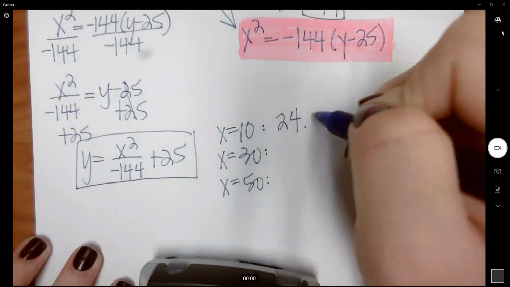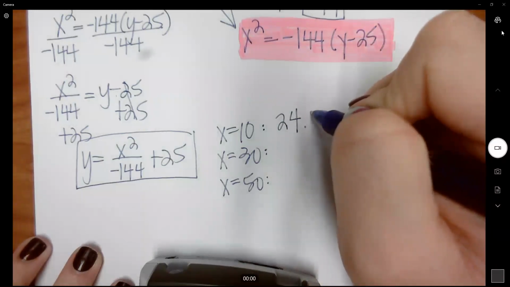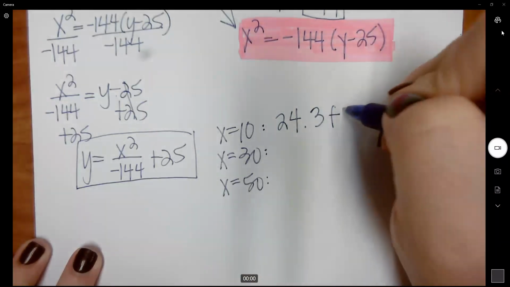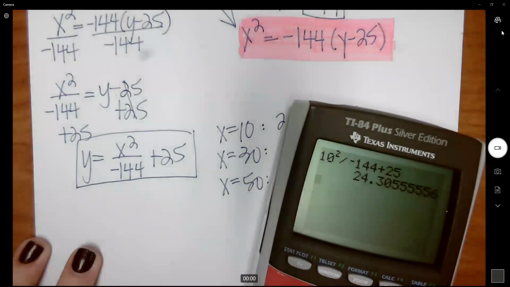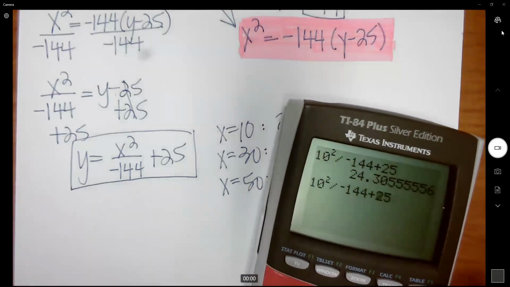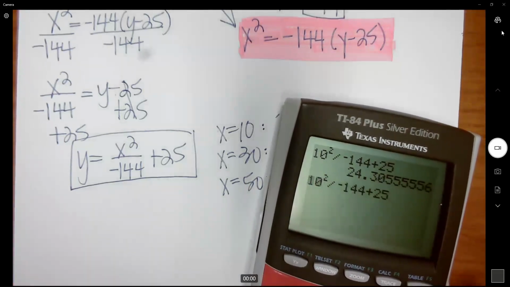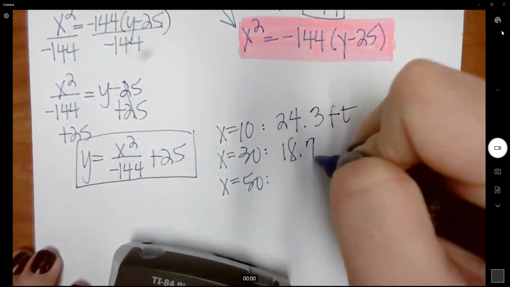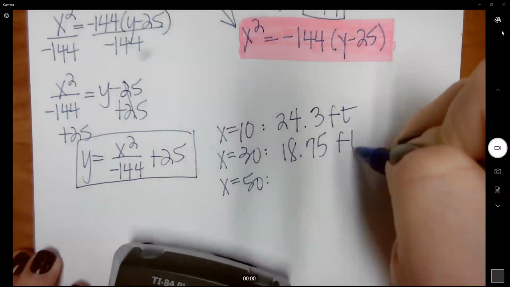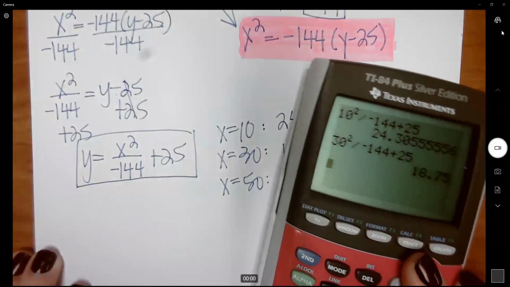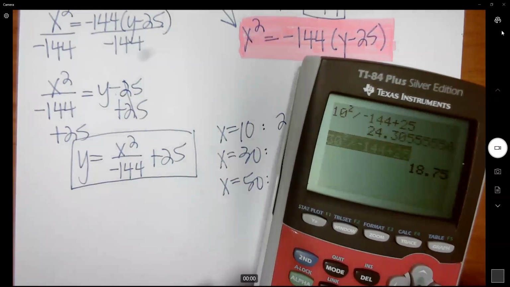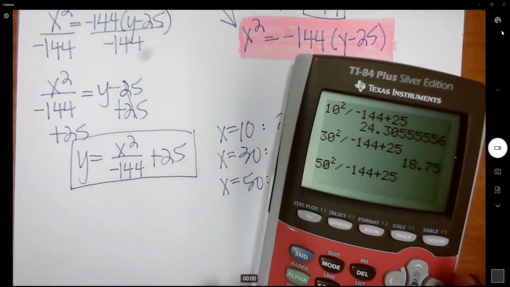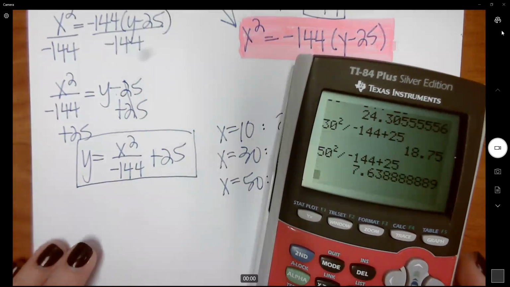That's about 24.3 feet. Is that what we're in? Feet. And an arrow up, grab my 10, change it to a 30. We got 18.75 or 0.8 feet. And then lastly, change that to a 50. 7.6.